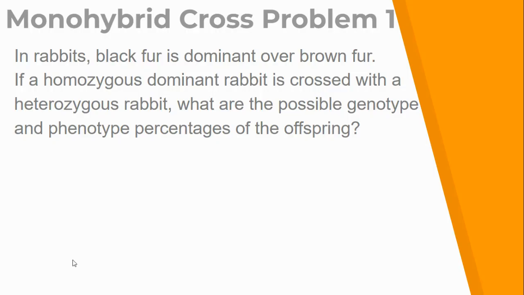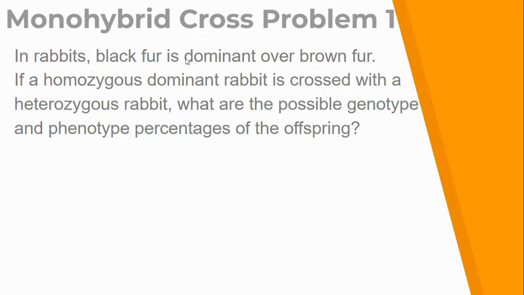So for our first problem, we have rabbits. Black fur is dominant over brown fur. If a homozygous dominant rabbit is crossed with a heterozygous rabbit, what are the possible genotype and phenotype percentages of the offspring? So step 1 is we're going to pick a letter, and we are going to define what the capital letter is going to represent and what the lowercase letter is going to represent.